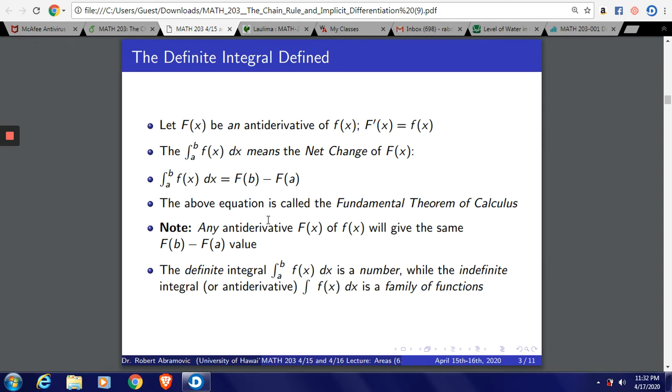But here, if you put a function in the integrand and are asked to compute the integral from a to b, the lower limit and the upper limit, of f of x dx, what you're going to get is a number, not a function.